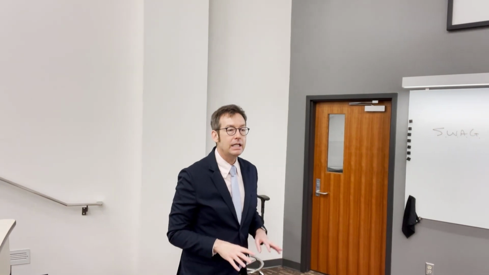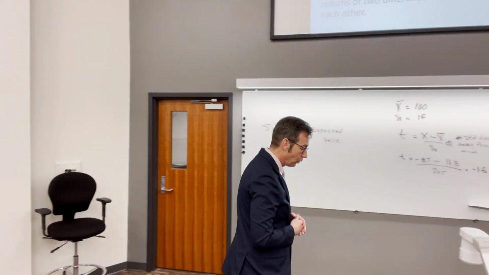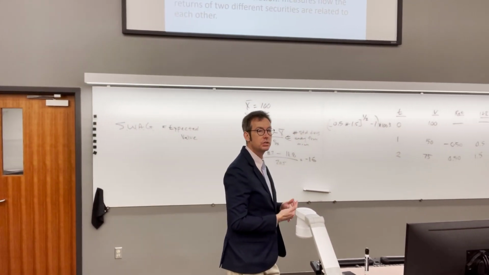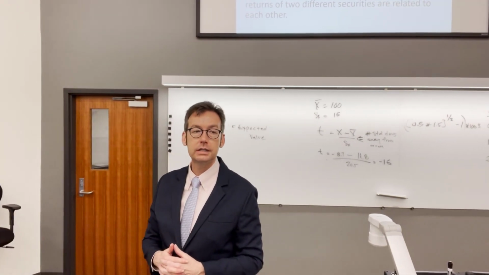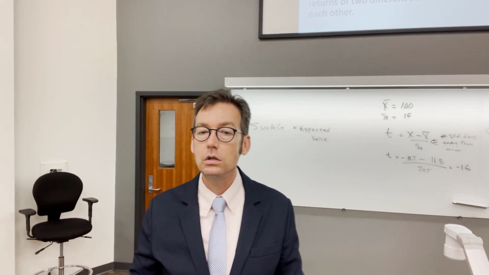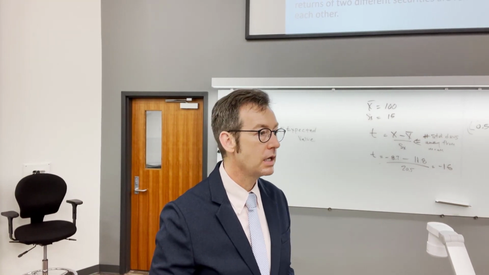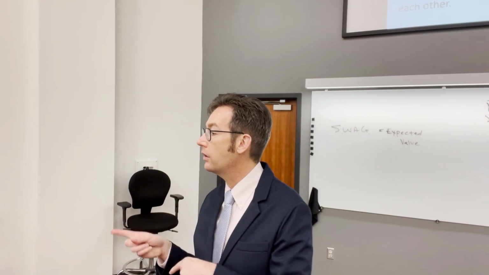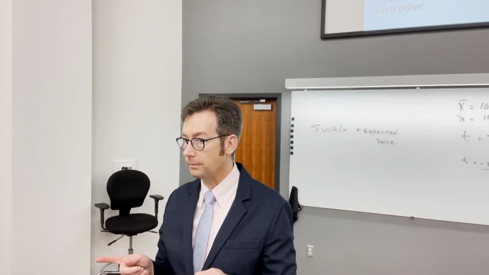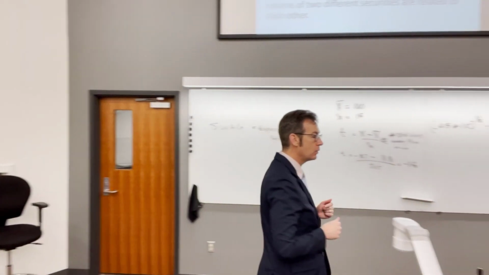And so we need a mathematical measurement of how these things move with respect to each other. We're going to have two measurements. The first is called covariance. And the second is called correlation. And I am going to teach you how to calculate each one of them. Any questions so far?